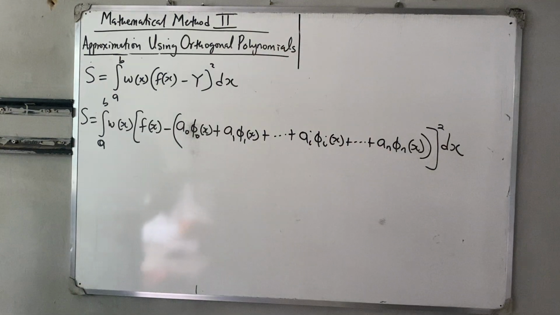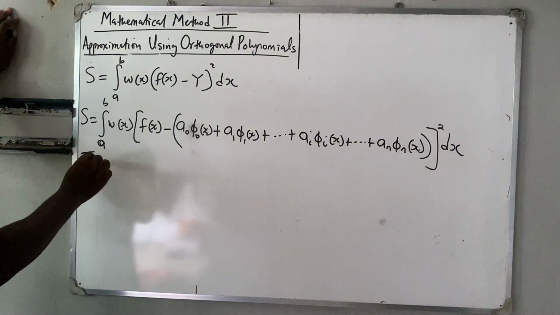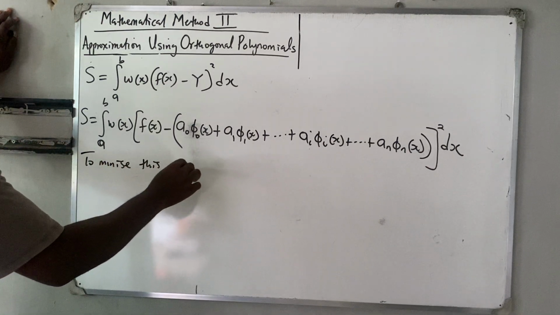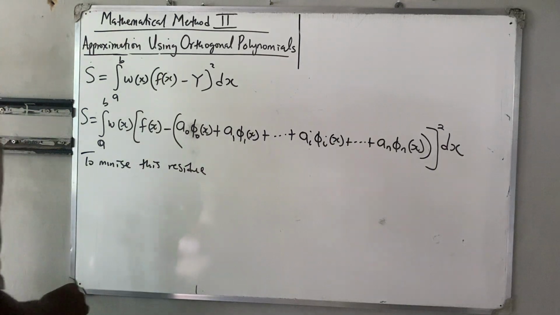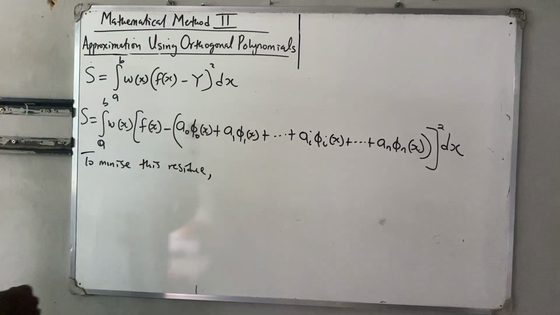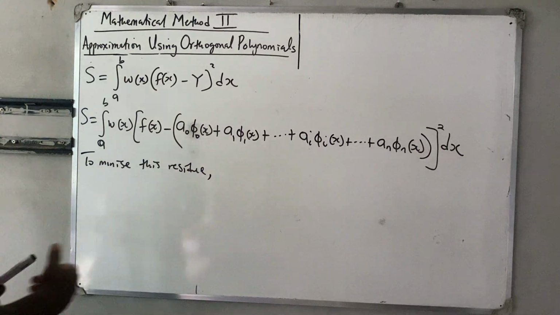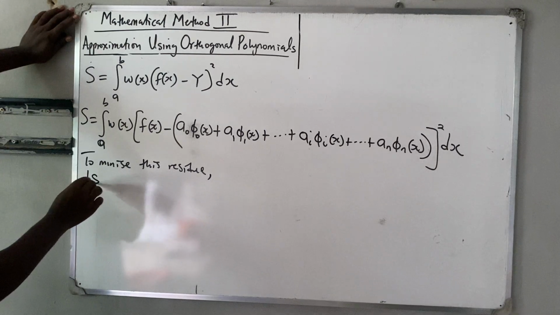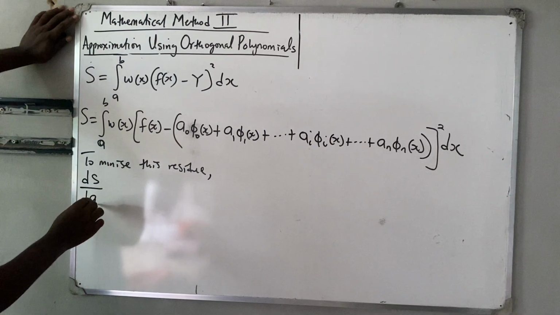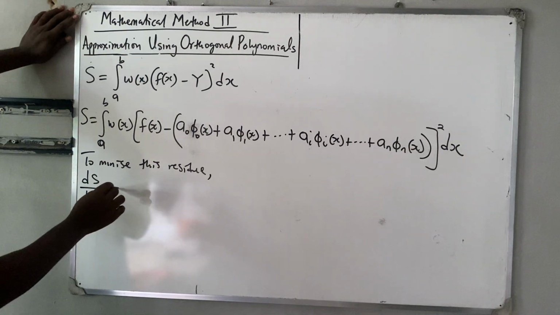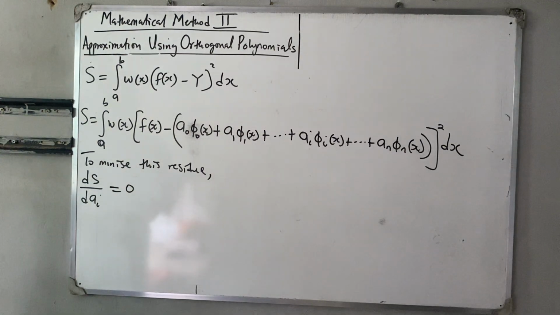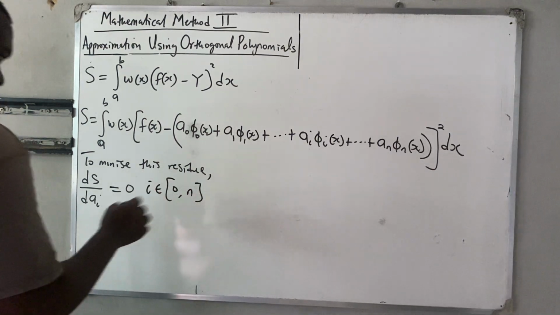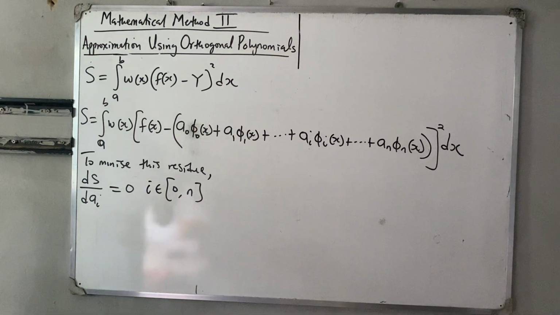Now to minimize this residue, to minimize a particular one, we say that the S over that particular one you want to minimize must be equal to 0. So that is how we minimize it. So remember, and don't forget that your I is always an element of a closed interval of 0 and n. Don't forget this.